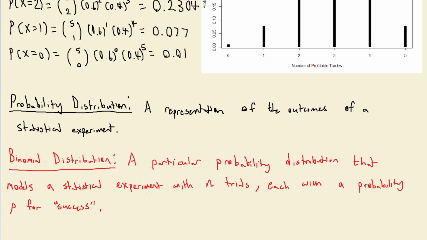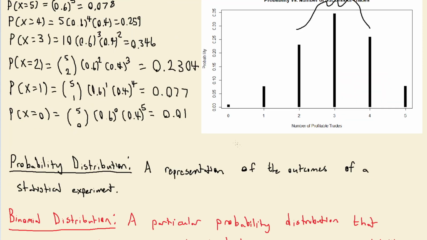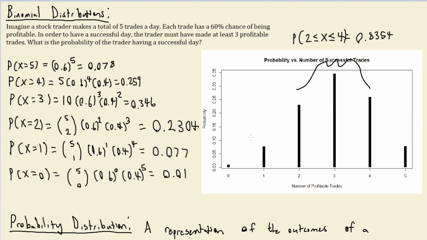The other condition that has to be satisfied is that the trials need to be independent of one another. What happens in one trial cannot affect what happens in the other trial, otherwise it no longer becomes a viable model for representing the possible probabilities of all the different outcomes. So all of the trials need to be independent of one another.